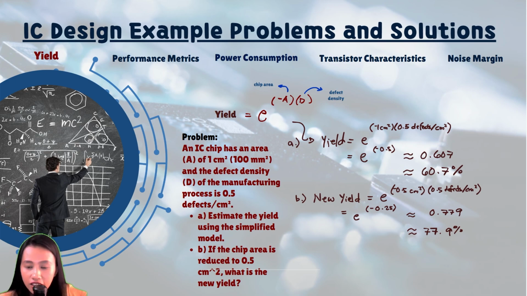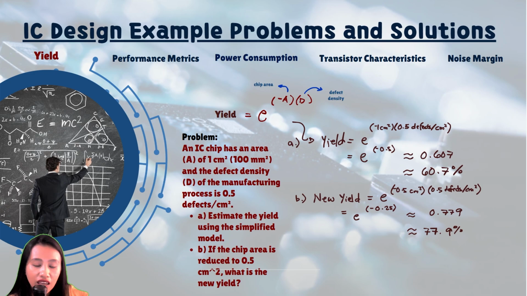So we have here our yield with the said problem in our simplified model. So we have 60.7%. And then on the new chip, where the area is reduced to 0.5 cm square instead of 1 cm square, it will now have a yield of 77.9%.